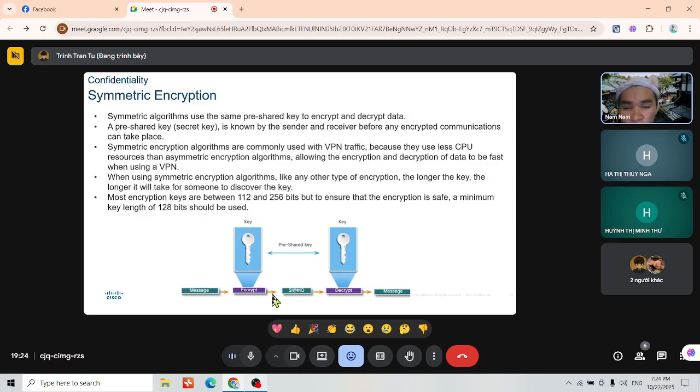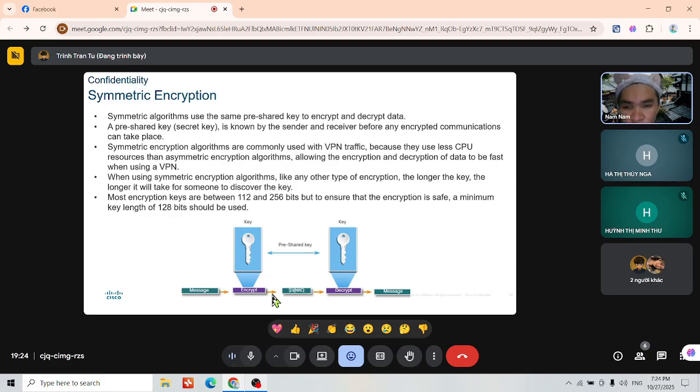Symmetric encryption algorithms are commonly used with VPN traffic because they use less CPU resources than asymmetric encryption algorithms, allowing the encryption and decryption of data to be fast when using VPN.